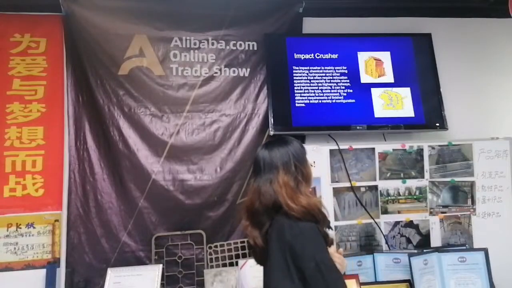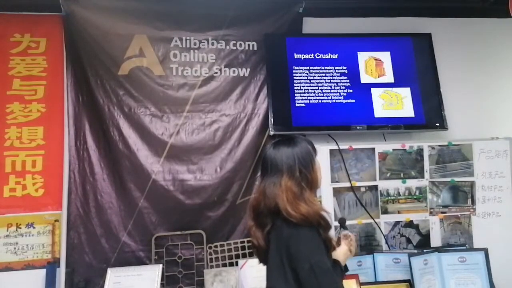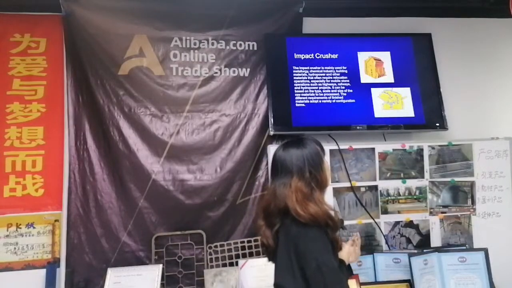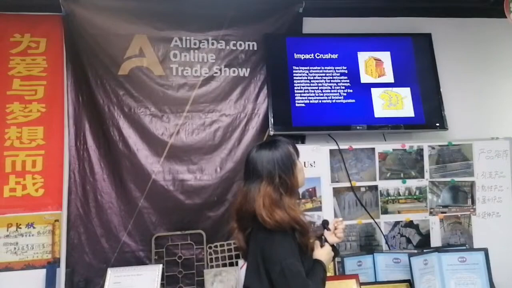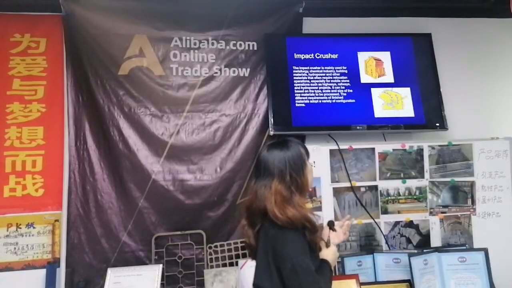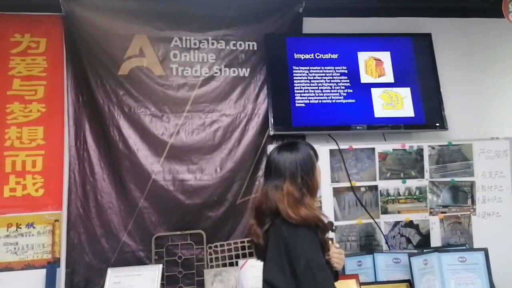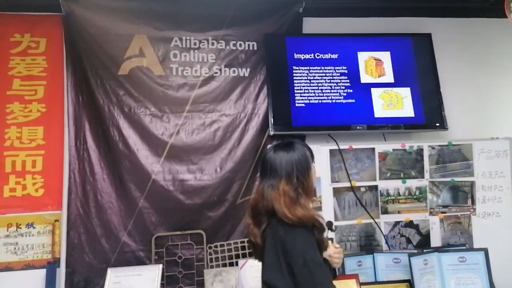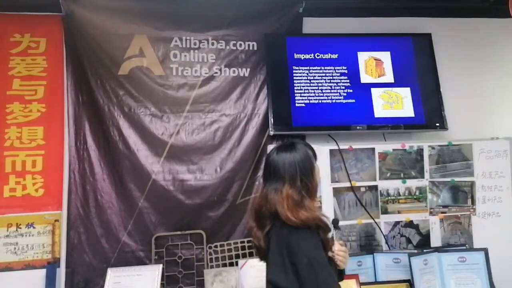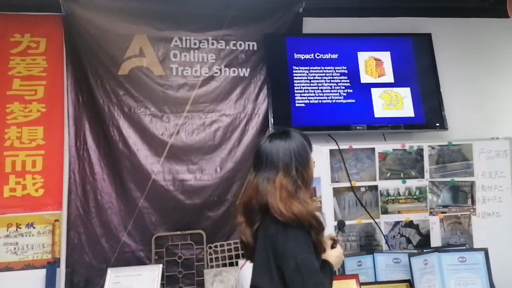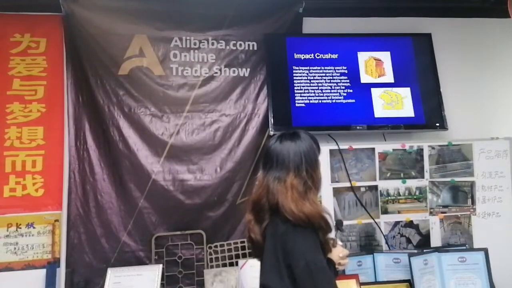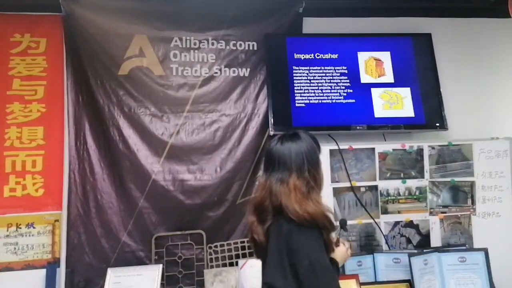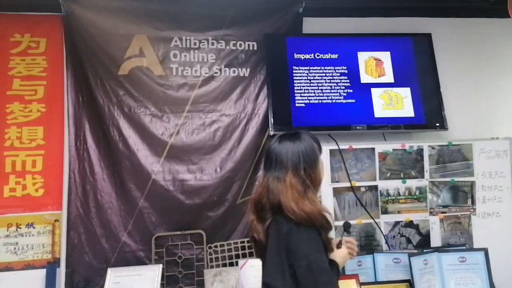The third one is the impact crusher. The impact crusher is mainly used for metallurgy, chemical industry, building materials, hydropower, and other materials that often require relocation operations, especially for mobile operations such as highways, railways, and hydropower projects.